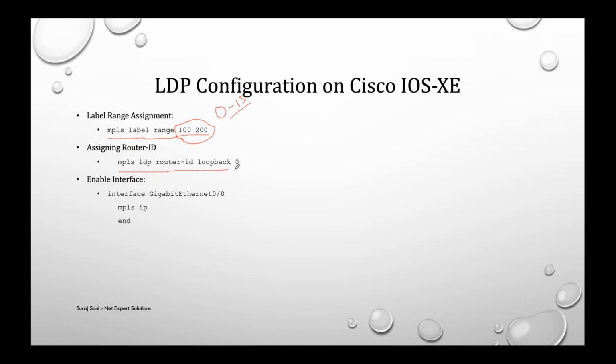Then, assigning the router ID: you can assign a router ID for LDP by using this command. Sometimes you need to use the force keyword after this. If LDP has already picked up an interface IP as your router ID, and you want to change that, you can change it by using this command.